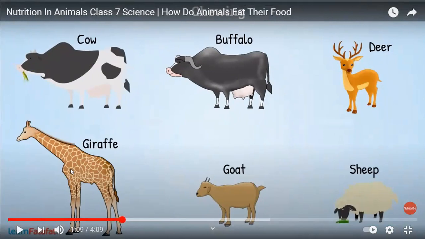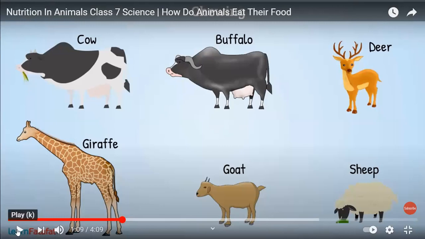Understand what is the meaning of chewing? For chewing the food. So what are the different animals which will take the intake of the food using the chewing process? All herbivorous animals: cow, buffalo, deer, giraffe, goat, sheep.